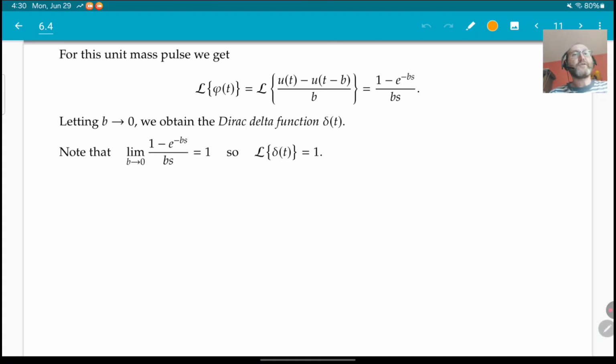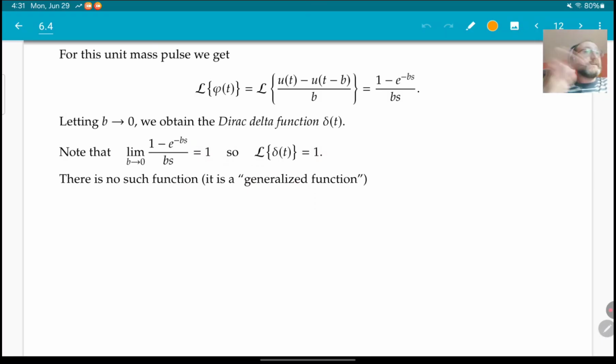You have to do a little bit of computation, but you can find that as b goes to 0, what we're getting is 1. So this delta function, this object, is something whose Laplace transform is 1, the constant function 1, a Laplace transform we haven't seen before. It doesn't go to 0 as s goes to infinity; it's just constant 1.